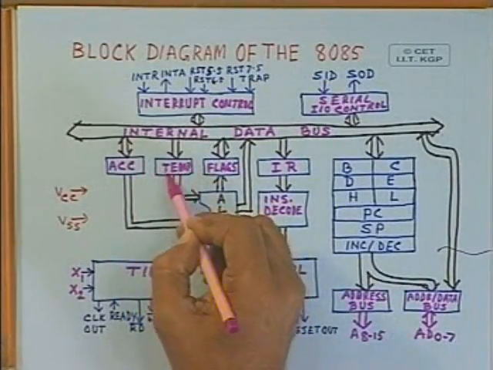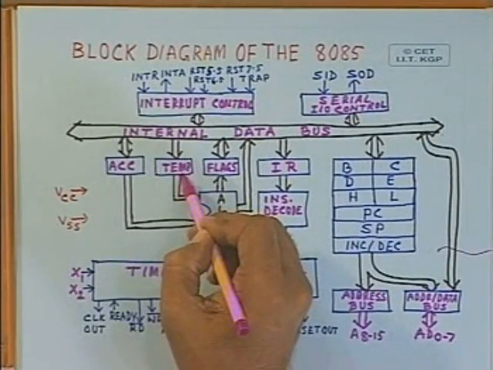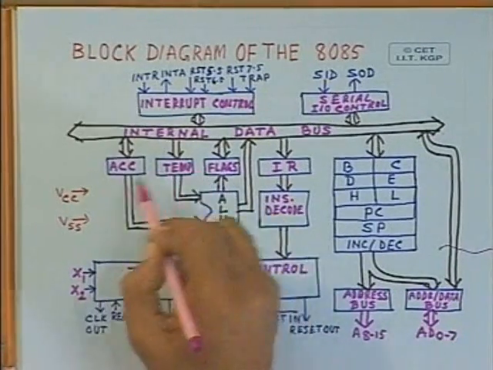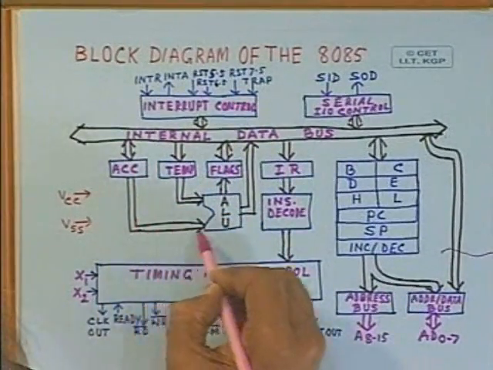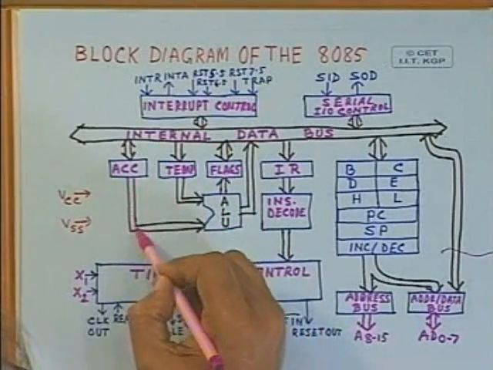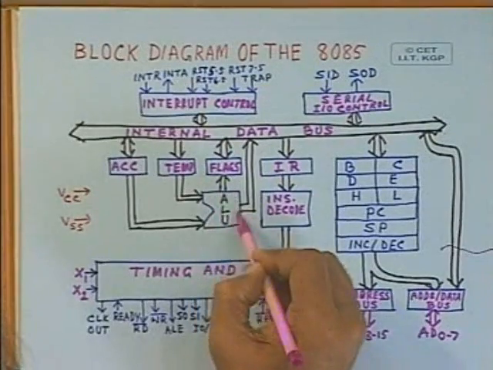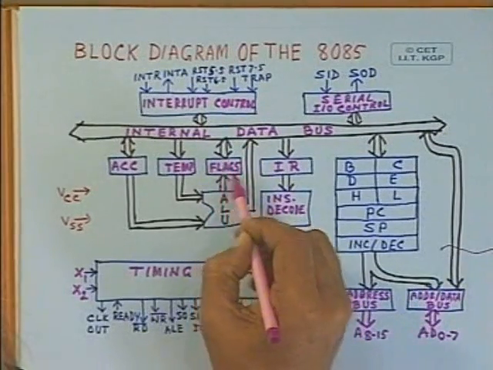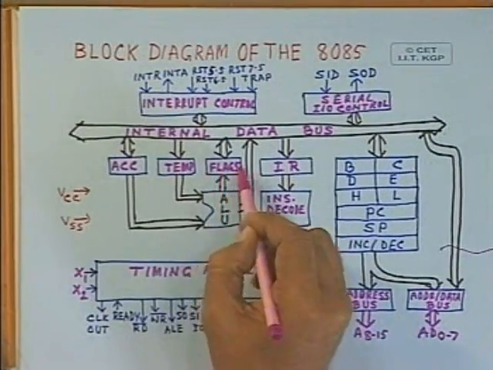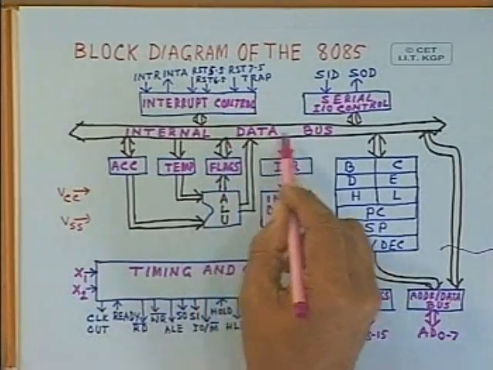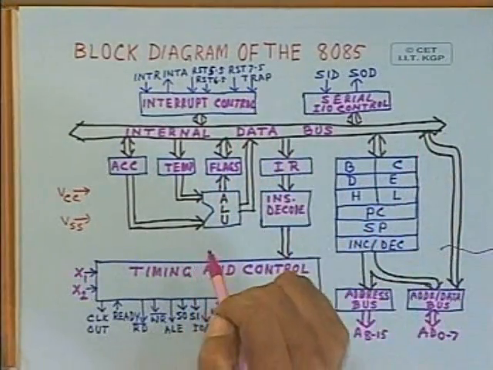I was telling about that one temp register, which is not accessible to the user. And this is the accumulator. One of the operands always comes from this particular accumulator. And this is that ALU, arithmetic and logic unit. And this is that flag register where those 5 flags are stored, which can be accessed to the data bus.